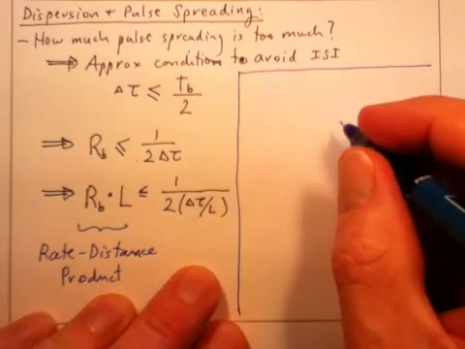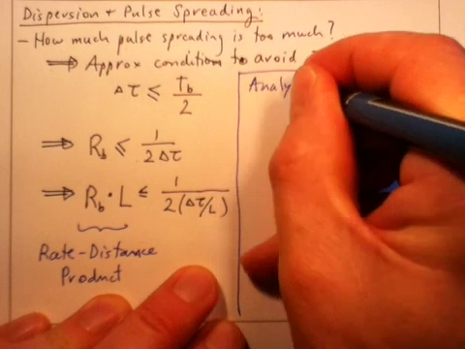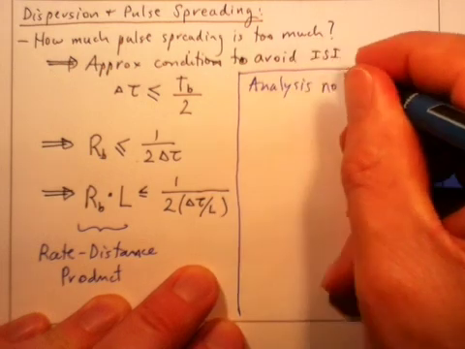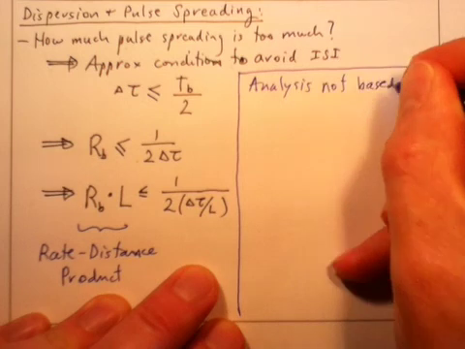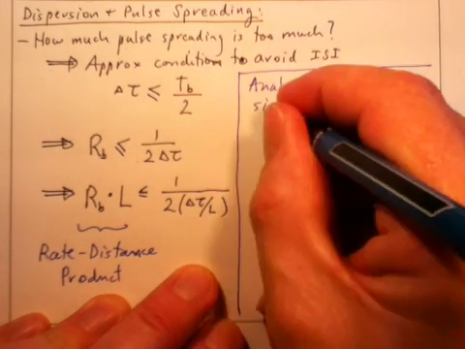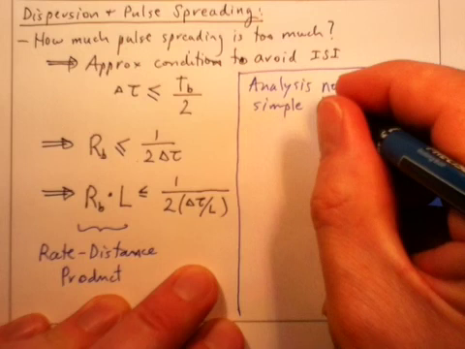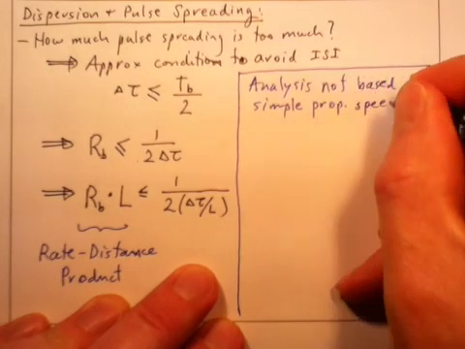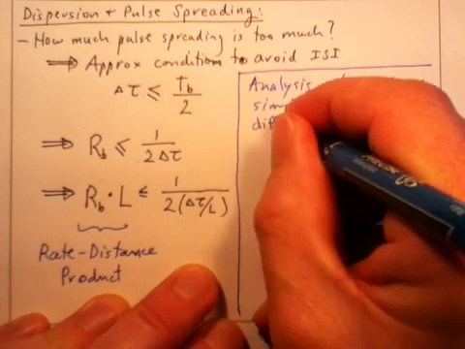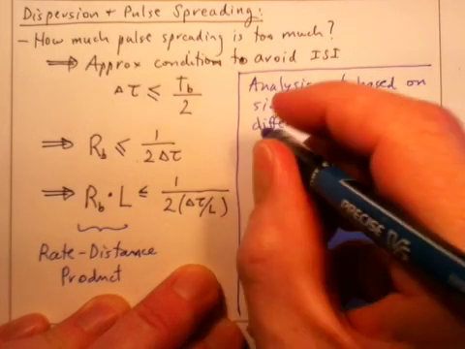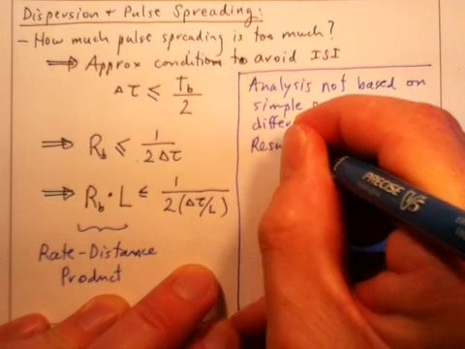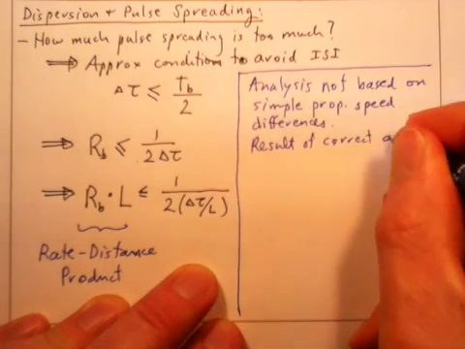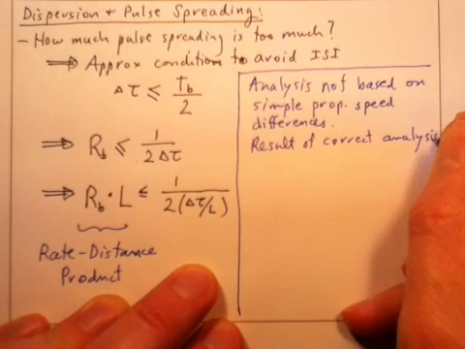But the analysis shows that it is not based on simple propagation speed differences. The result of the correct analysis is as follows.